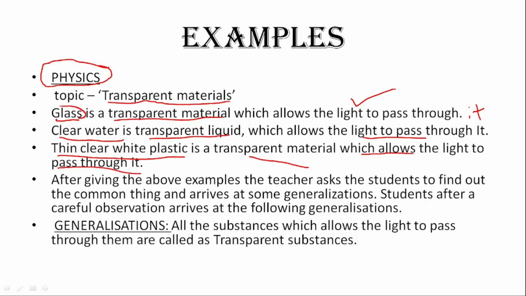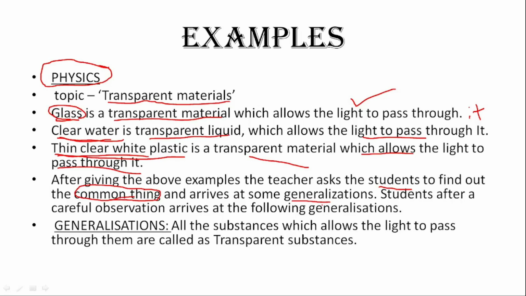The second example is clear water, also a transparent liquid which allows light to pass through it. The third example is thin clear white plastic, a transparent material which allows light to pass through it. After giving the above examples, the teacher asks the students to find out the common thing among the examples and arrive at some generalizations.